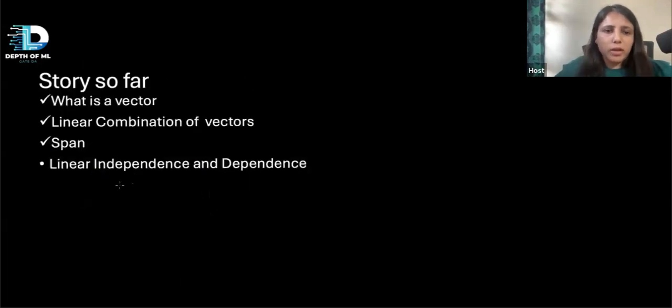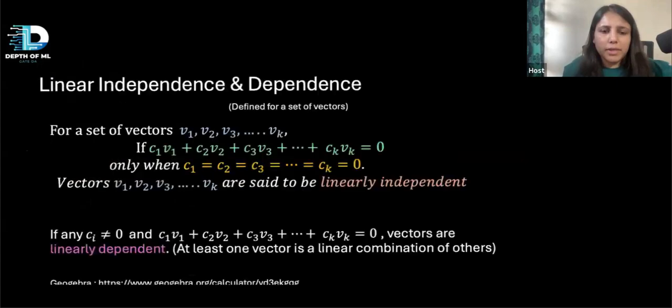Okay, I'll move on. So we saw what a vector, linear combination, and span are, and then we talked about linear independence and dependence. Let me redefine it for you. Suppose I'm taking vectors v1, v2 up to vk.